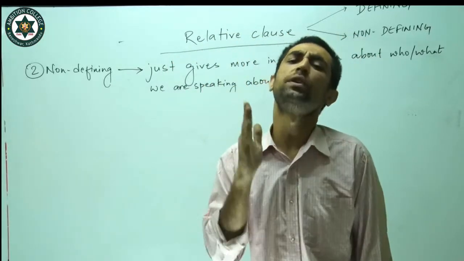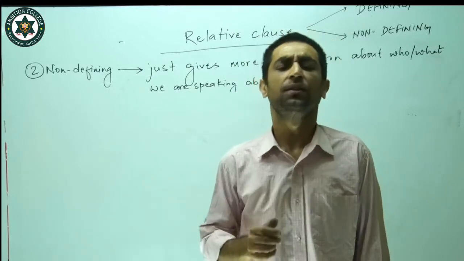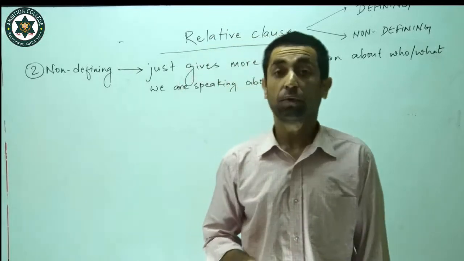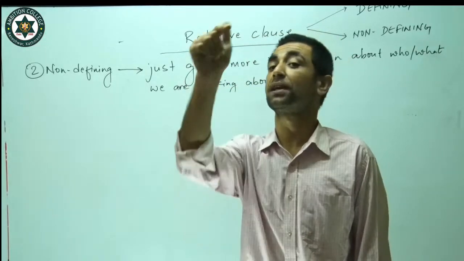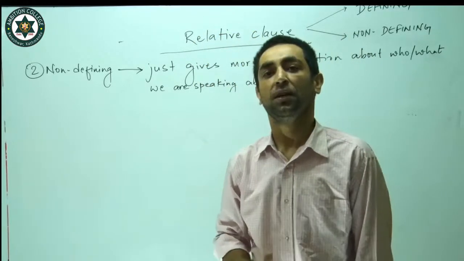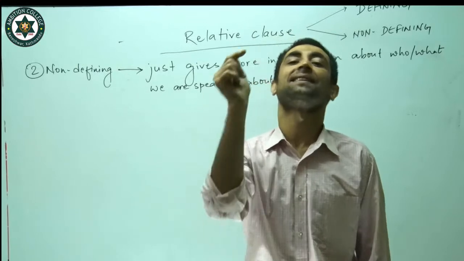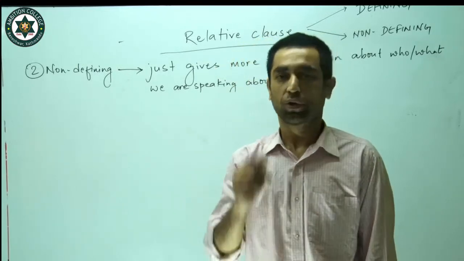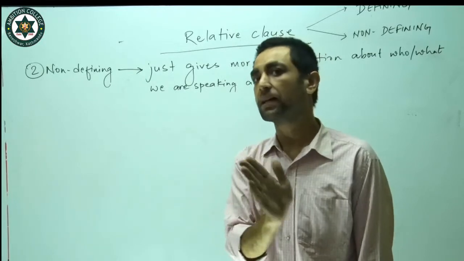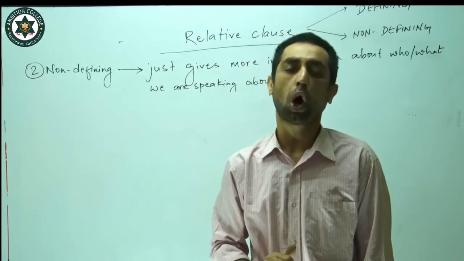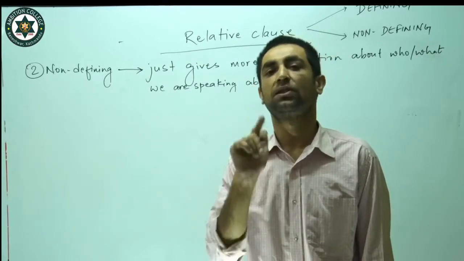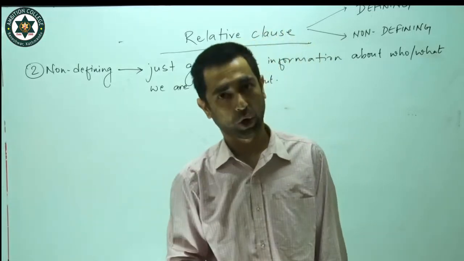The best way to know which is the non-defining relative clause and which is the defining relative clause is a very tricky idea in grammatical punctuation. If you have the comma before the relative pronoun, that is the non-defining relative clause. If you don't have the comma, that is the defining relative clause. So mark this. While you are writing, if you are providing additional information to your readers, then you use the comma before your clause, because that is the non-defining relative clause.